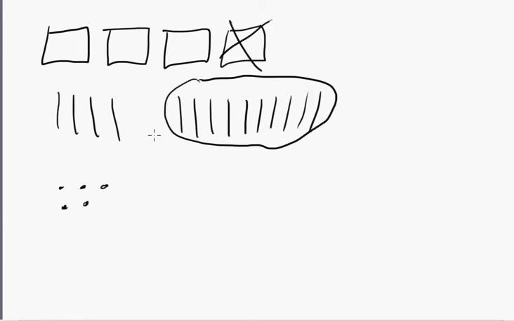Now, if we wanted to borrow from our tens, we're going to borrow one of the longs. And do you remember how many we borrow? Anytime we borrow, we have to add what? We have to add 10. So we're going to add 10 down here to the ones. 1, 2, 3, 4, 5, 6, 7, 8, 9, 10.